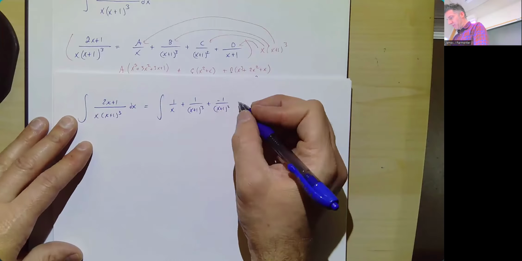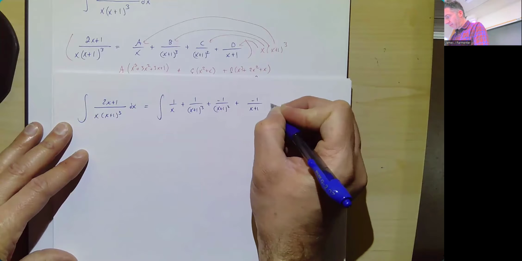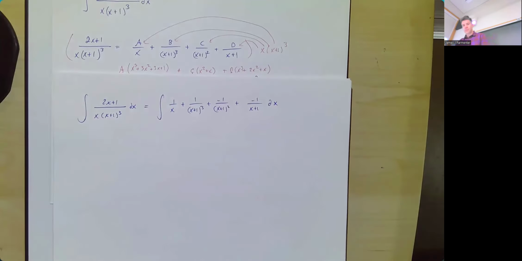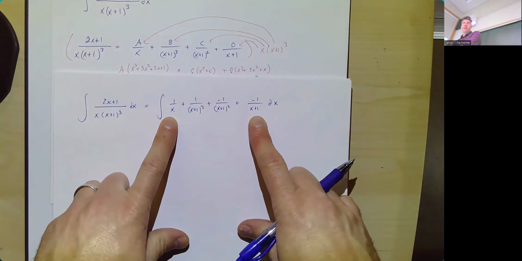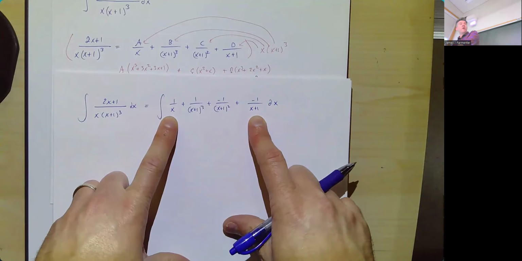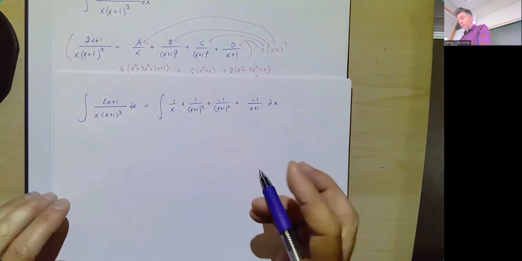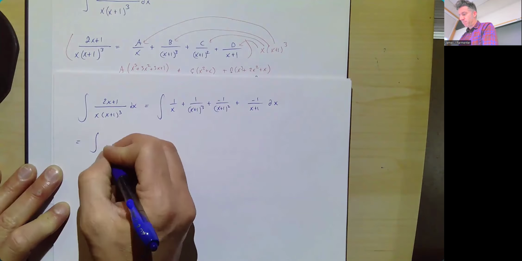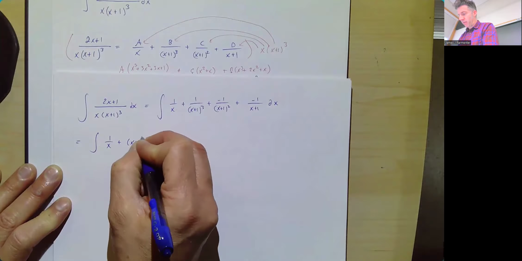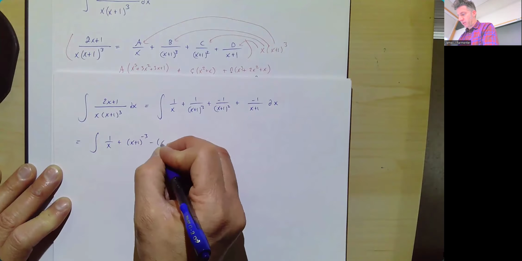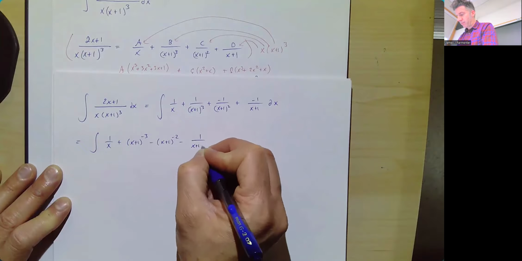And then minus, let's just say plus -1 over x plus 1. The two outer ones are going to be logarithms because, again, the denominator is a linear function of x. The two inner ones are not. So I would rewrite the integral as the integral of 1 over x plus (x plus 1) to the -3rd minus (x plus 1) to the -2nd minus 1 over x plus 1.